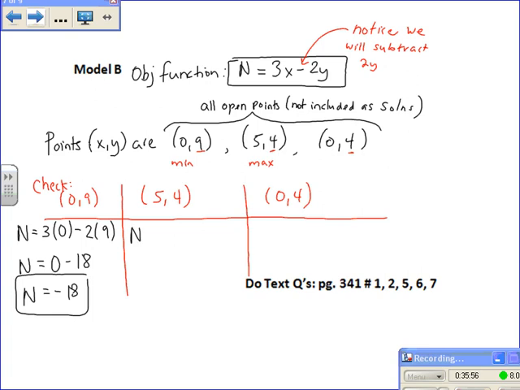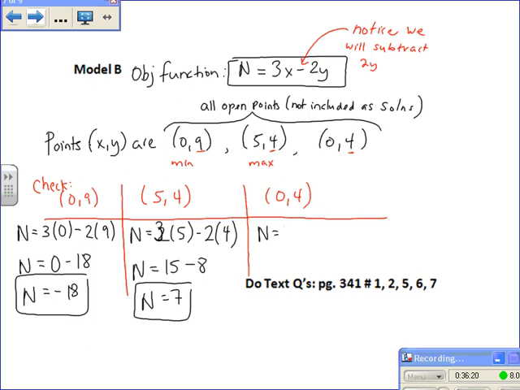The next one is n equals 3 times 5 minus 2 times 4, so 15 minus 8, and n is equal to 7. For the last one, n is equal to 3 times 0 minus 2 times 4, so 0 minus 8, and n is equal to negative 8.